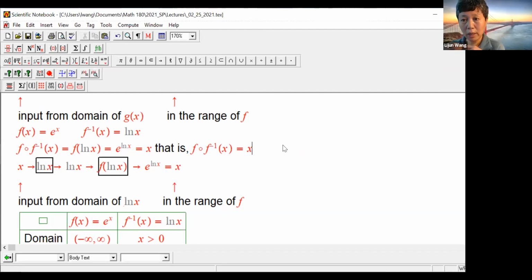And then you say, well, for this pair of inverse functions, we have that property. Then you say, how about I switch these two functions? Okay, I switch these two functions. What do I get?